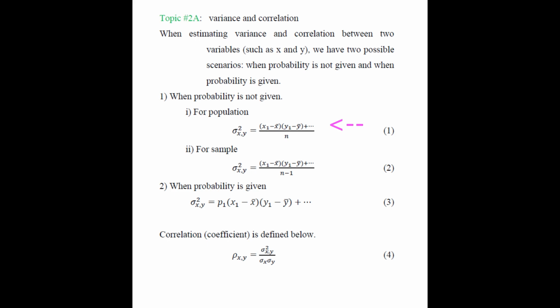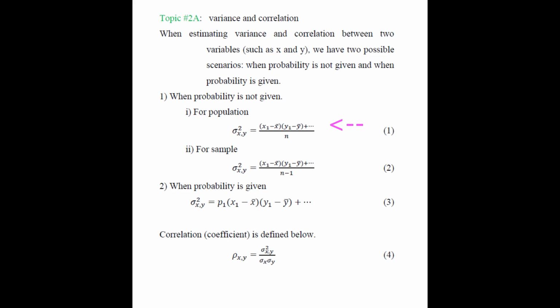Continue this way until the last product. So the first item is x1 minus its mean times y1 minus its mean. For the sample, it's simply divided by n minus 1.